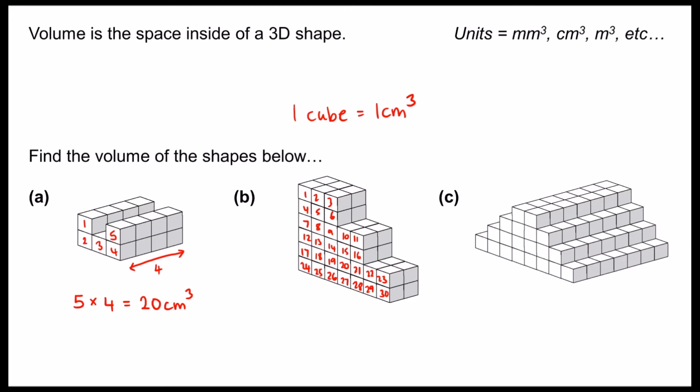I know this repeats itself along the length, that is 2 cubes long. That therefore means to work out the volume I need to do 30 times by 2, which is 60 centimetres cubed.